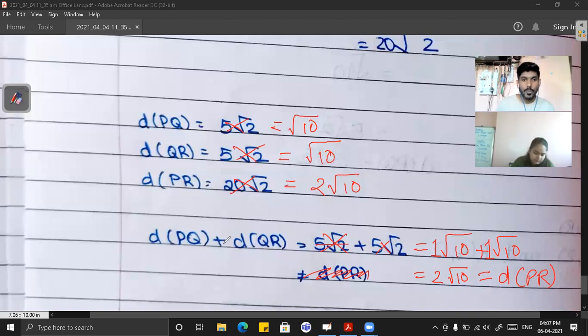And then your last line will also change: P, Q, and R are collinear.